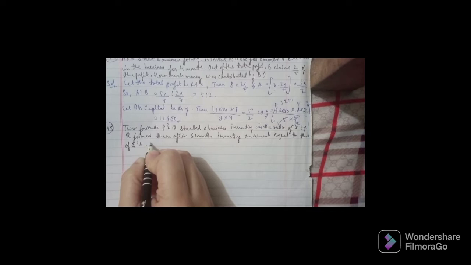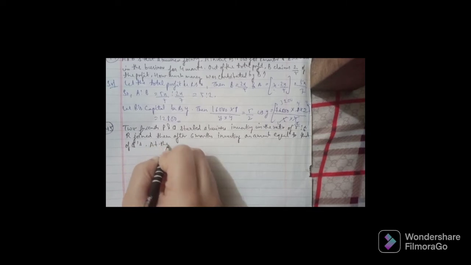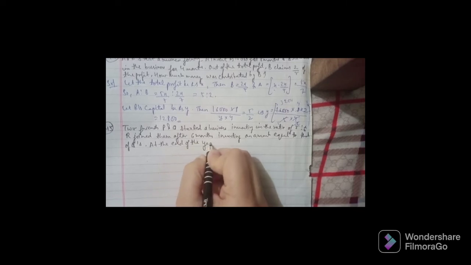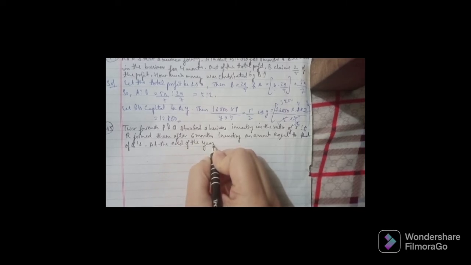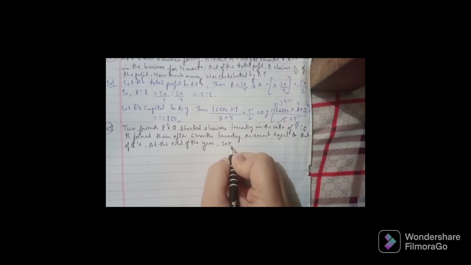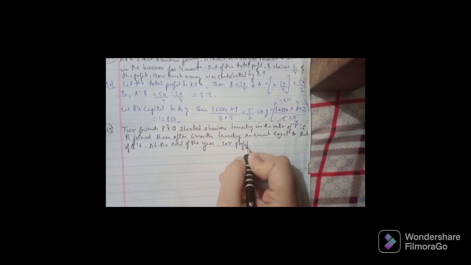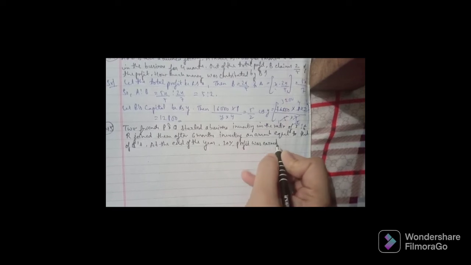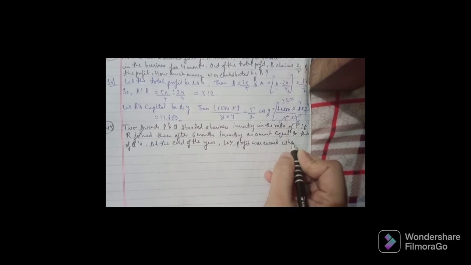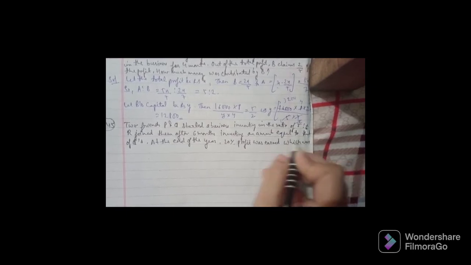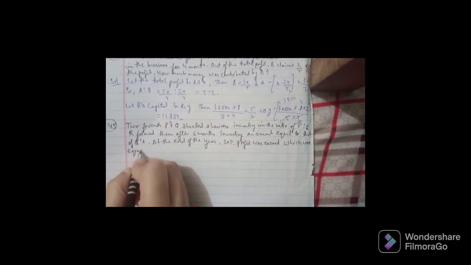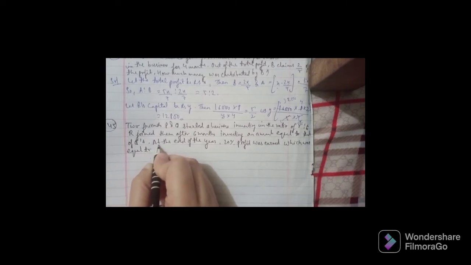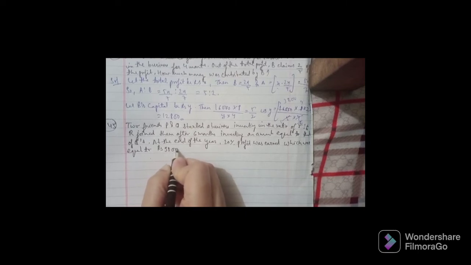At the end of the year, 20% profit was earned, which was equal to rupees 98,000.